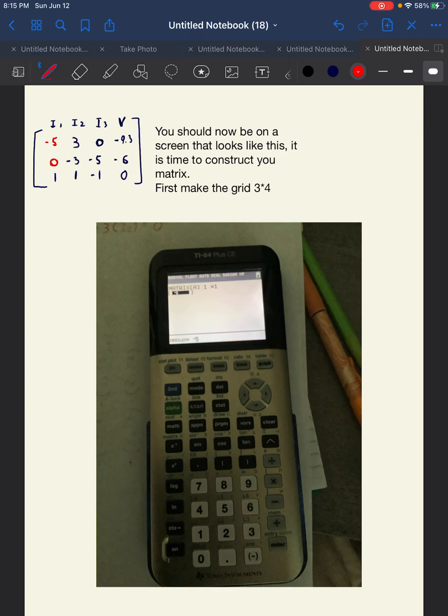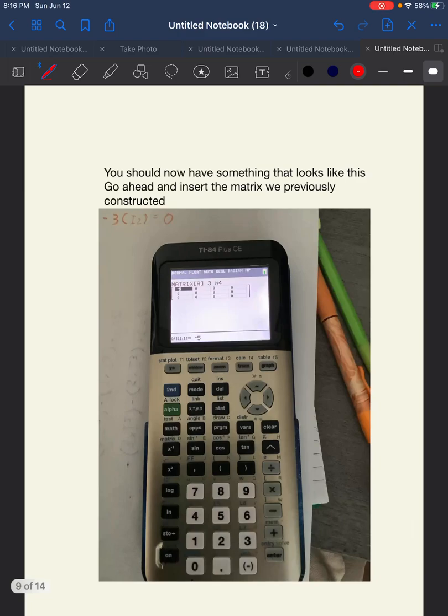So we would want to do a 3 by 4 matrix, because once again, three rows and 4 columns. So 3 by 4. Of course, I entered that in right here when it asked for it. That would then give us a matrix with a bunch of random zeros on it.